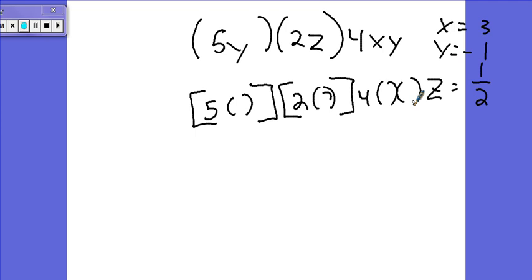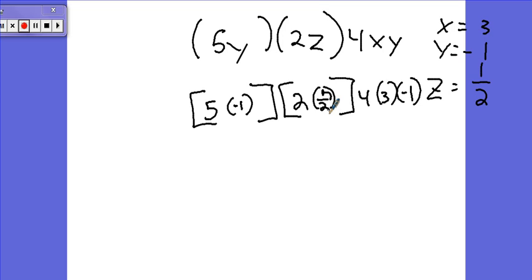Got everything changed. x is 3, so that's 3. y is negative 1, so negative 1, negative 1. z is 1/2. So this is straight up multiplication.